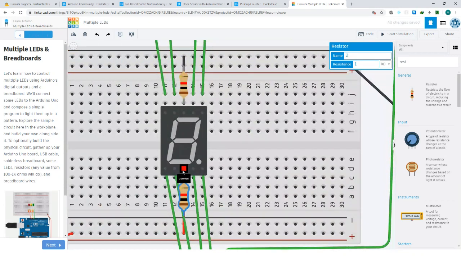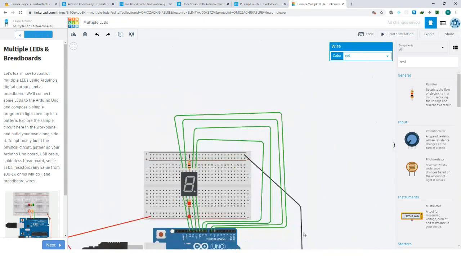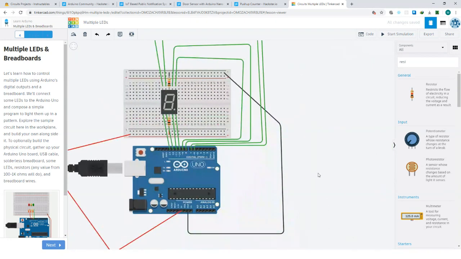These are the ones we are connecting to the power on the Arduino: one is on the ground and the other one is on the 5 volts.